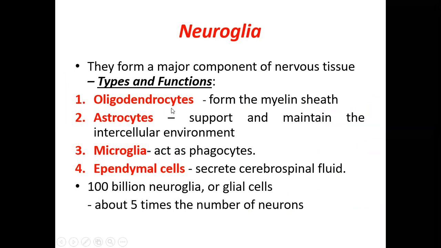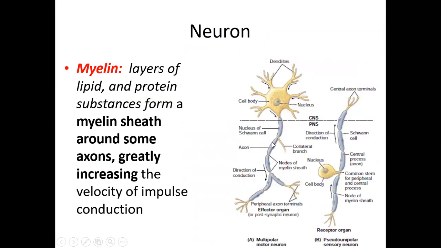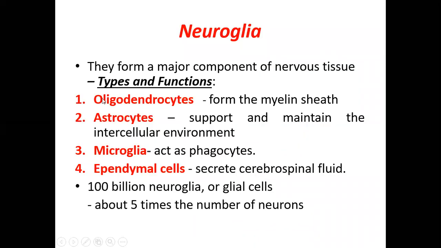There are oligodendrocytes, astrocytes, microglia, and ependymal cells. Oligodendrocytes form the myelin sheath. So this covering formed around the axon is made by these supporting cells called oligodendrocytes.